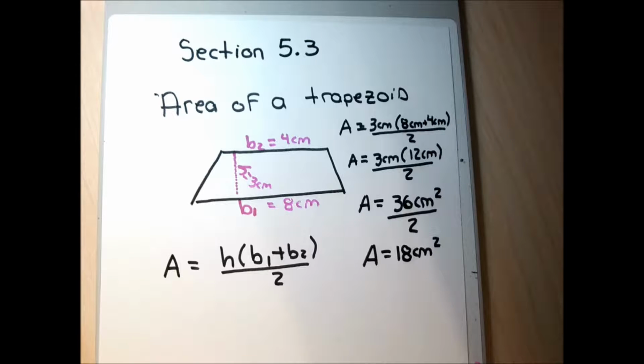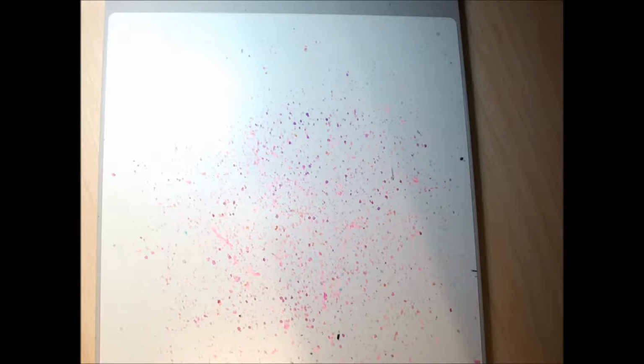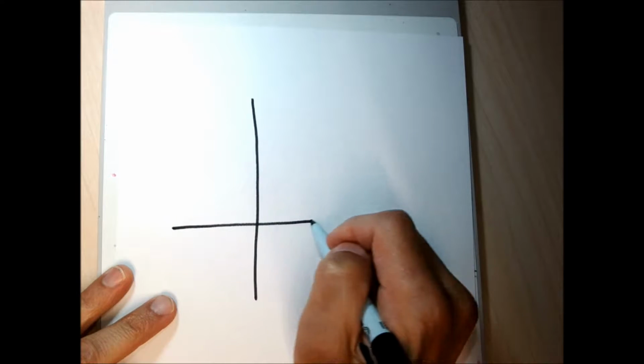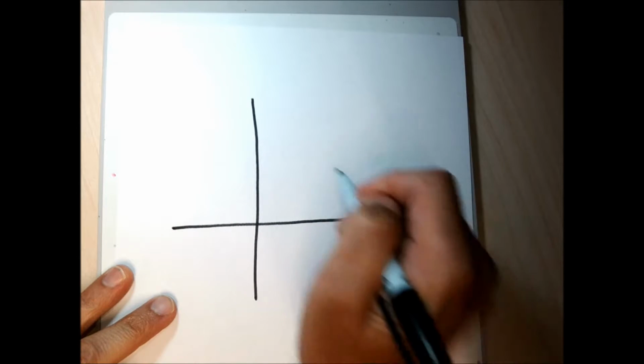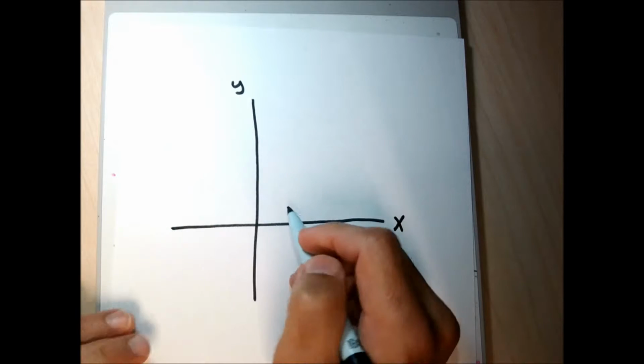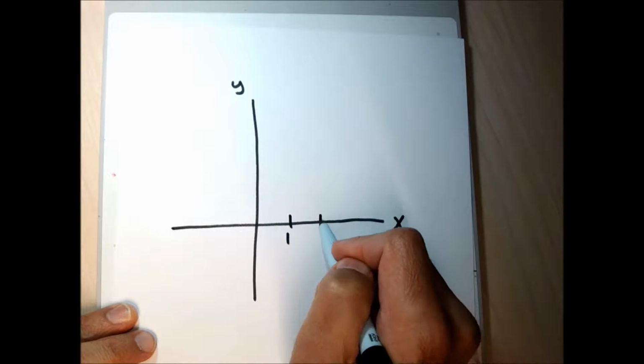In terms of when we get into the section, the trapezoids that we're going to need to find the area of, they're still trapezoids, but they're oriented a little bit different. So just to get the connection to our section, I'm going to draw a trapezoid on an XY axis, because all the trapezoids that we're going to be given are going to be drawn on a nice XY axis.